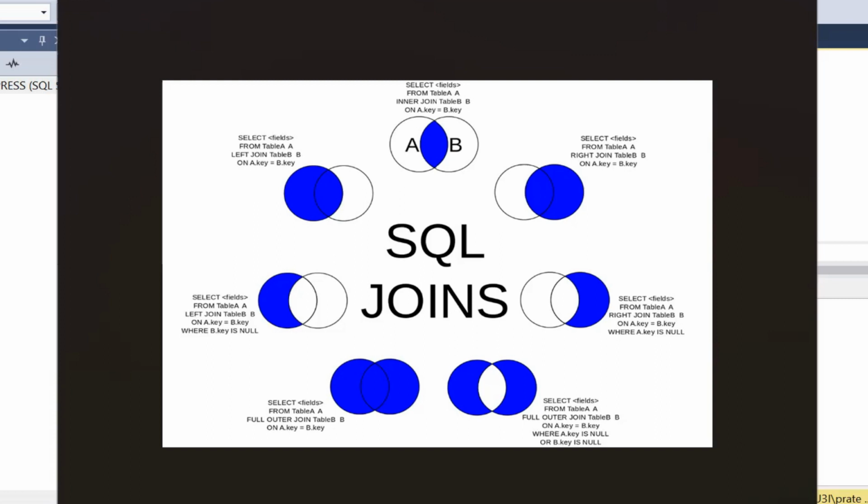So to achieve this result set, the result set is that we do not need the matching values of the both table. We need the unmatching value from the right and left both sides. And to achieve that, we have to use a full outer join to get all the data, including the matching data. Then we need to use where condition just to exclude what?